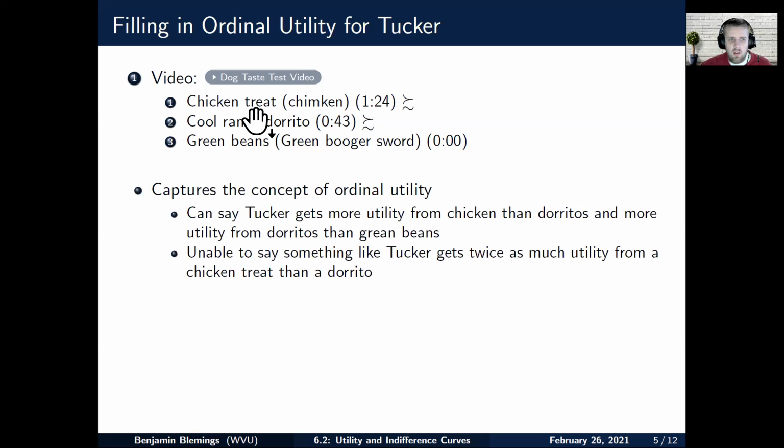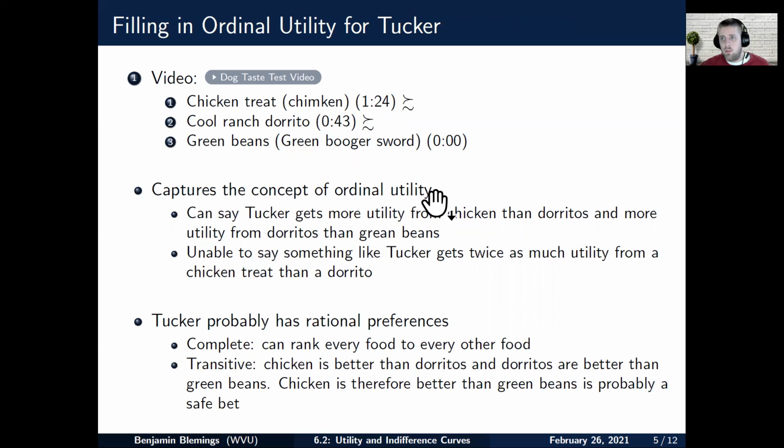When you watch the video, we can say that this dog prefers chicken to Cool Ranch Doritos to green beans, but we can't say how much more the dog prefers chicken to Doritos, or Doritos to green beans, or chicken to green beans. This captures the concept of ordinal utility, which is that it's just an ordering. We can tell that the utility of chicken is higher than the utility of a Dorito, which is higher than the utility of a green bean.